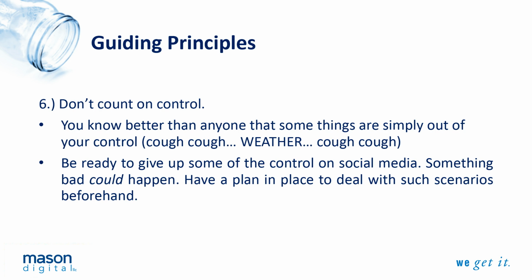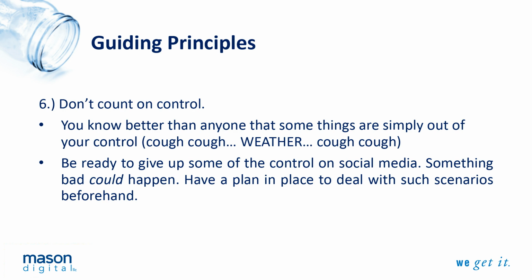Don't count on control. We talked about crisis communication a little bit, and with farming, obviously, there are aspects completely out of your control, like the weather being first and foremost, hugely impactful in terms of what you're able to grow on a season-by-season basis. Social media, again, is a little bit different because you're giving up some of the control of who you are as an organization. So people are going to say things, hopefully mostly positive.